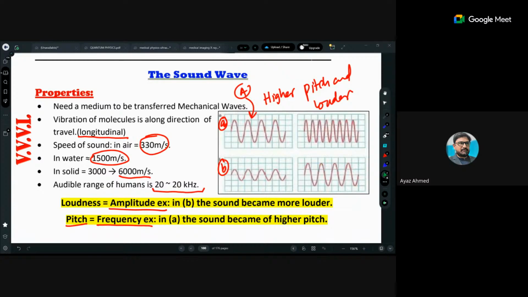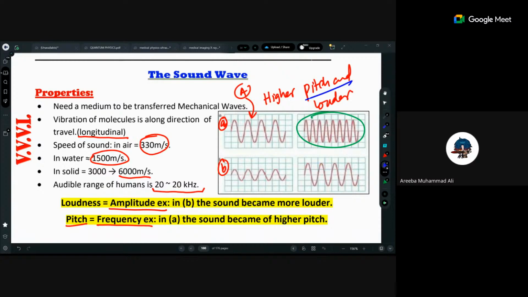So do you understand what the pitch of the sound is? Pitch is defined by the frequency. Frequency means when the sound peaks are closer. If the peaks are closer, then it is high pitched.